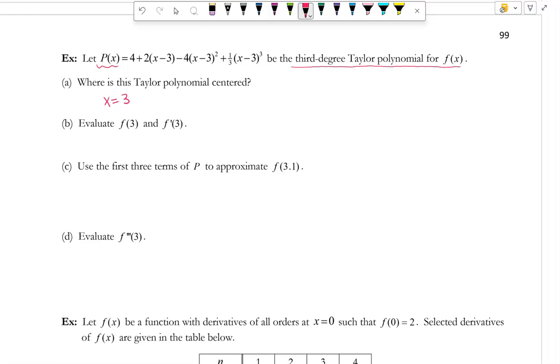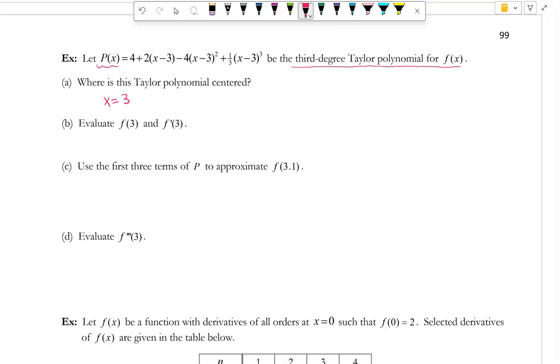The second part asks us to evaluate f of 3 and f prime of 3. Since we do not have f, we have the third degree Taylor polynomial for f, but we should recall that since this is centered at 3, the formula for a Taylor polynomial would be f of 3 plus f prime of 3 times x minus 3 to the first power.